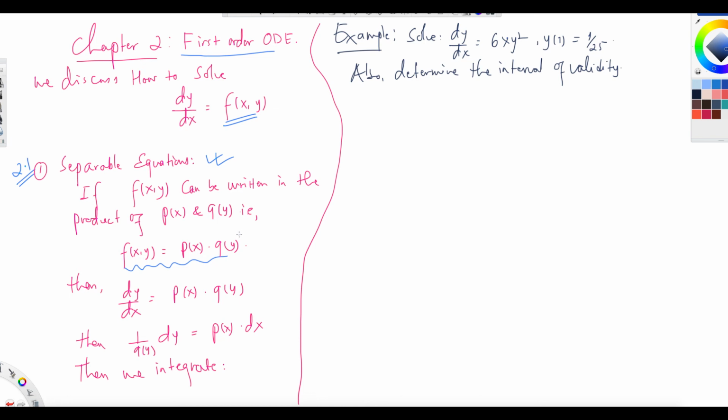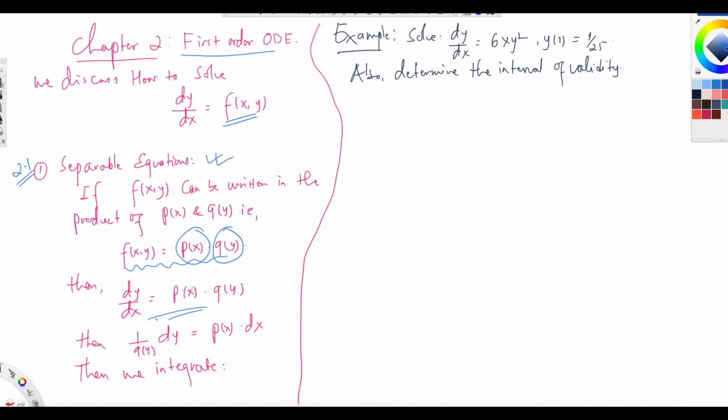If you can write the right hand side as the product of a function of x only, either x or constants in there, and a function of y only, if you can write it in this form, okay, then we call this equation a separable first order ODE.